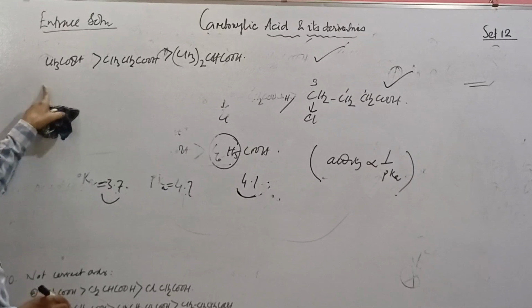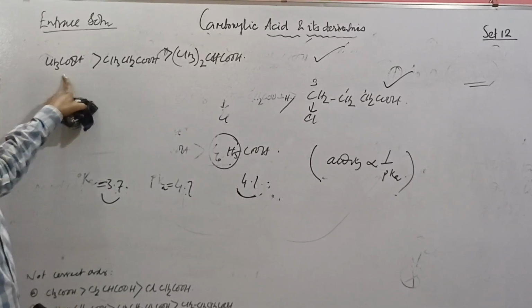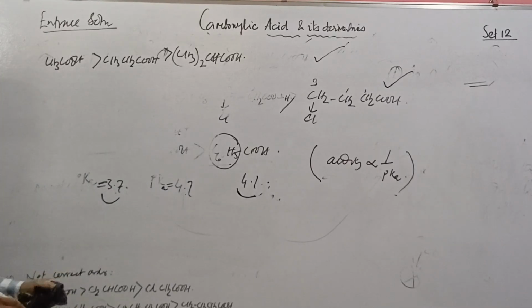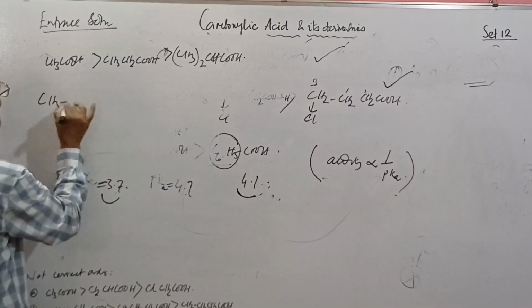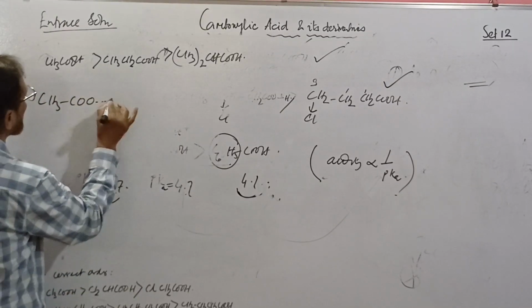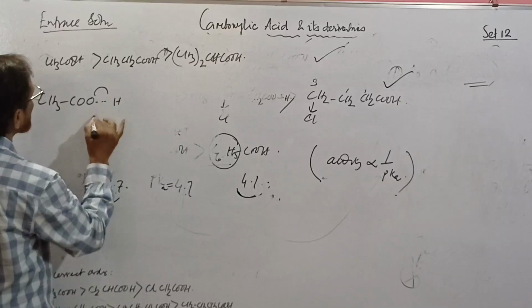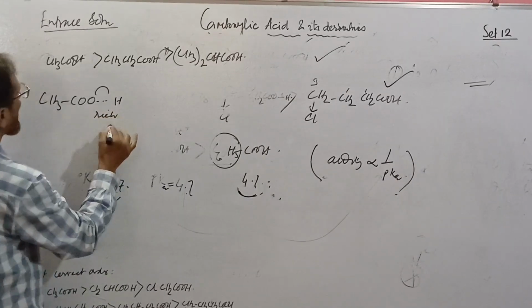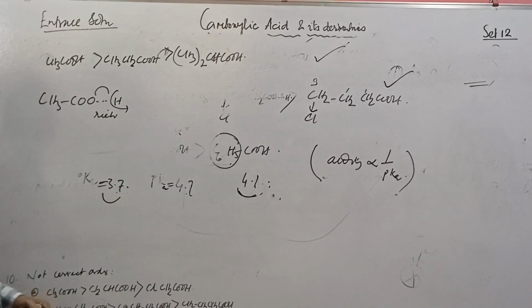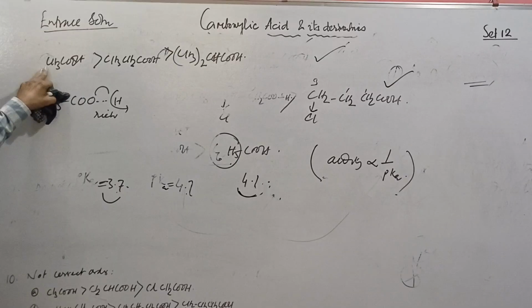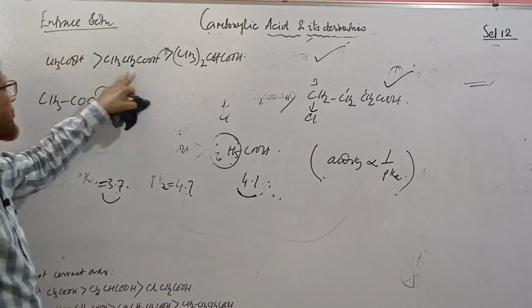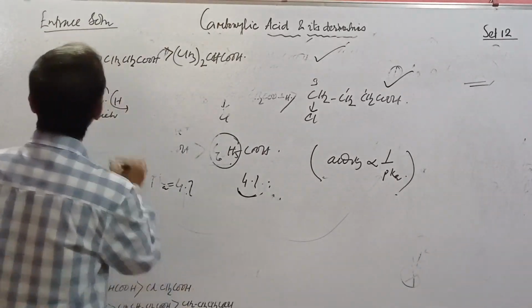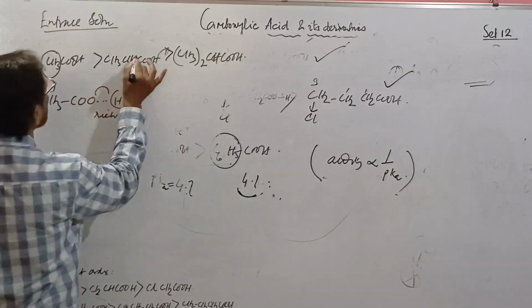It does not facilitate, it retards the release of H as proton. Am I right? So here the CH3 group on COOH increases the electron density, it will be rich in electron density, and release will be a bit tough. So it is weaker. Here it is methyl, here it is ethyl.